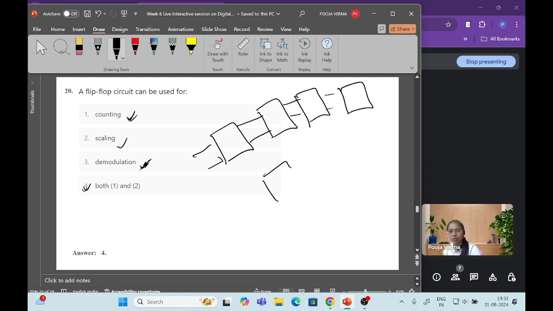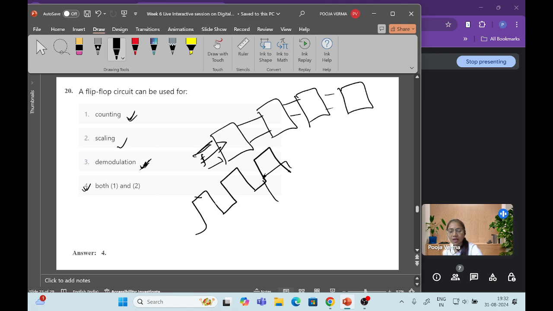Ma'am, what is the meaning of scaling? Scaling means we can divide the frequency, or we can extend the number of bits. For example, you are giving the clock signal, right? That has some frequency you are giving.